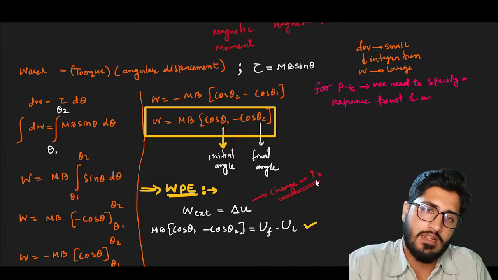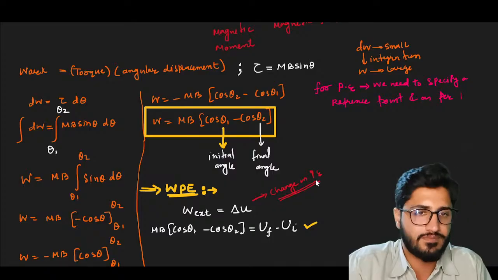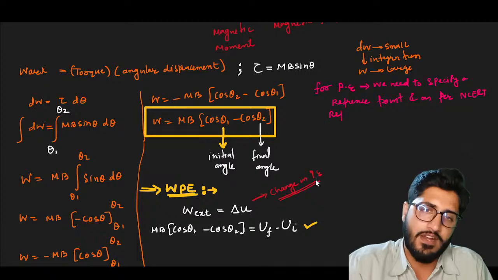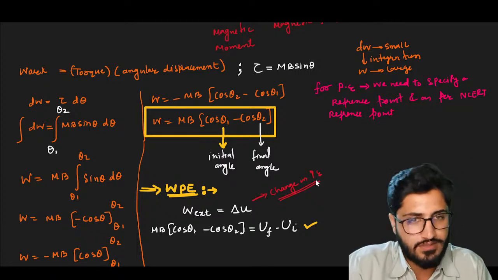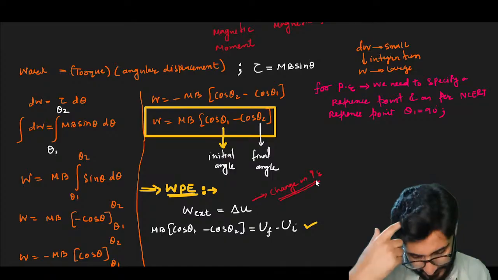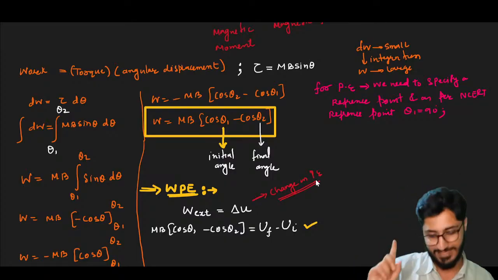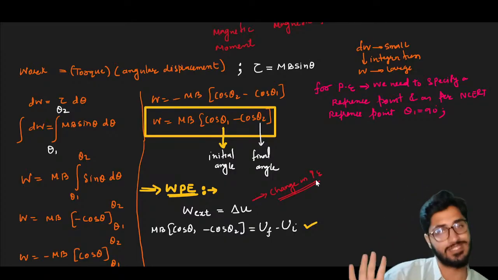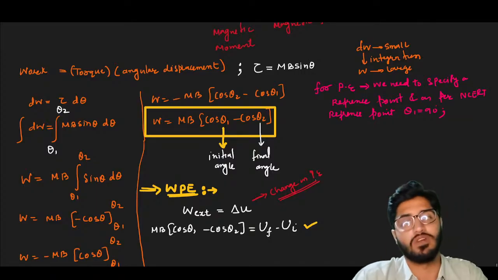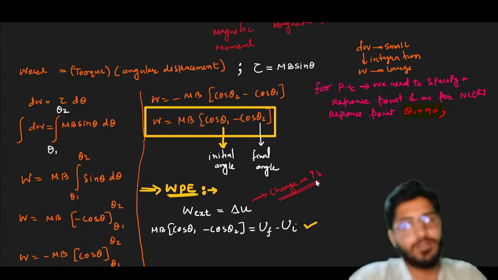And as per NCERT, the reference point is theta 1 equals 90 degree. This thing we need to understand according to NCERT. Once again, according to NCERT, theta 1 should be 90 degree only.